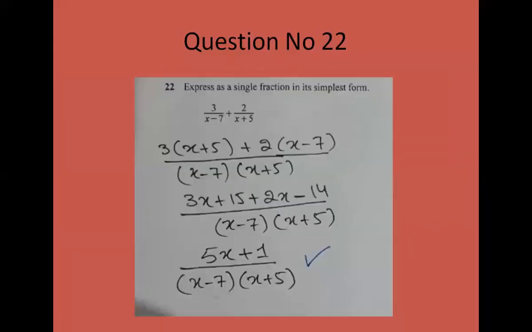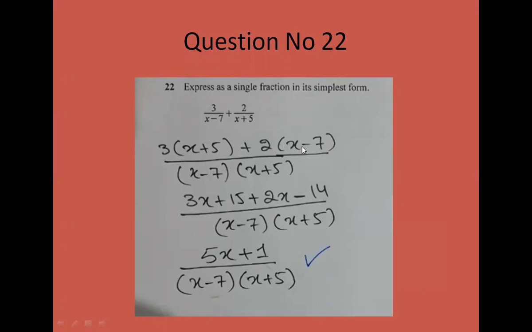Okay. So you have 3 by x minus 7 plus 2 by x plus 5. I will take the LCM. Both the denominators will come in the LCM. So divide the LCM by this denominator, and this is left. This will multiply with the numerator. Plus divide this LCM by the denominator x plus 5, it will be cancelled, and the answer will multiply with the numerator.